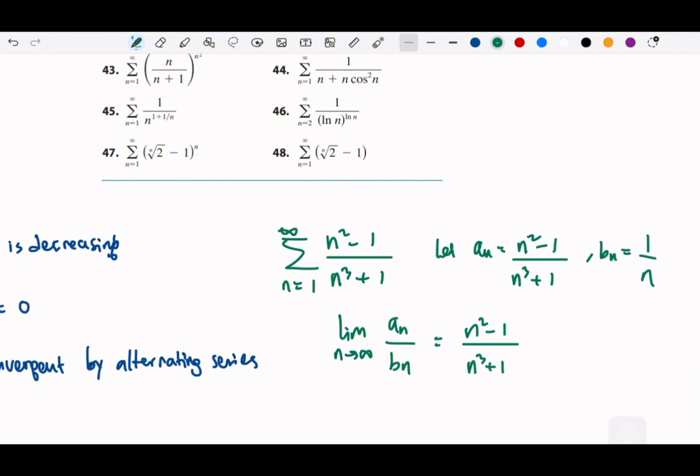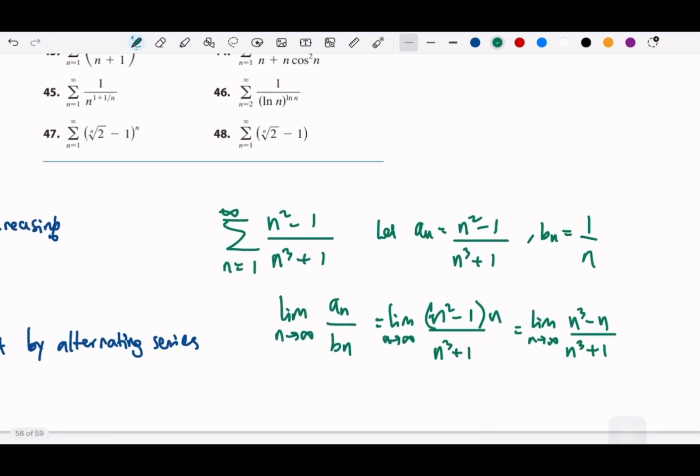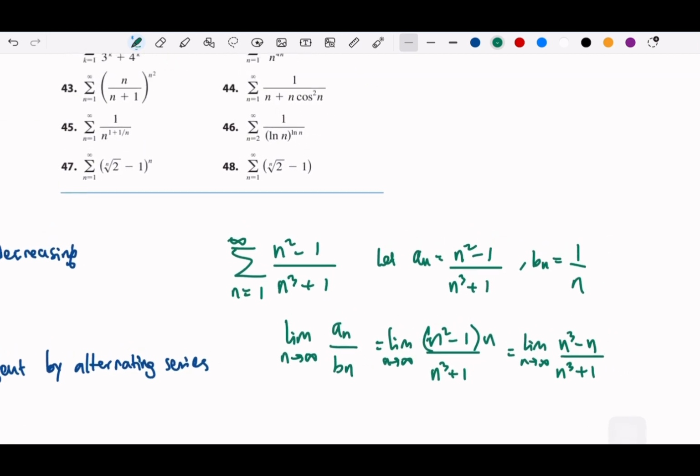So I need to divide by 1 over n, so I will switch and then multiply the top with n. Oh, I forgot the limit. And do you agree that this will be resulting in 1? It is resulting in 1, right?